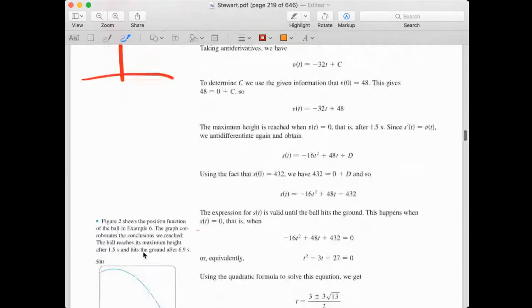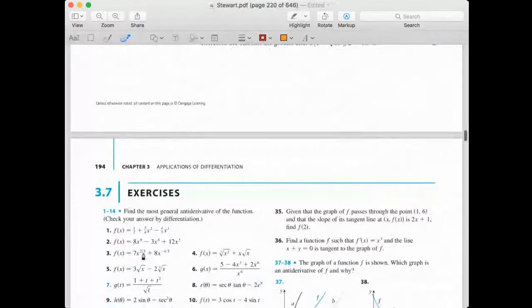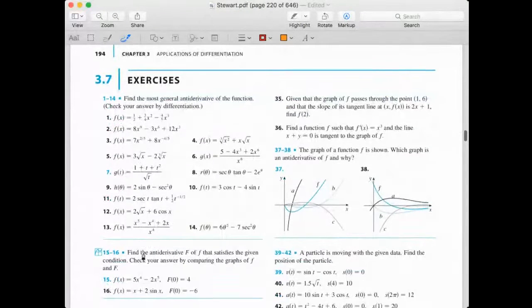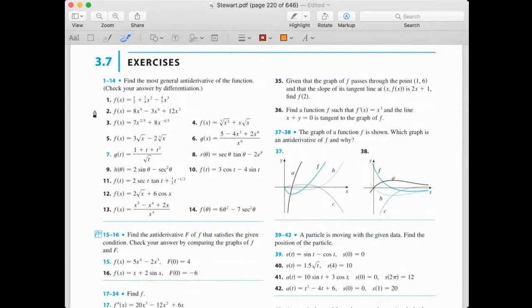All right, so let's keep going. Let's do some exercises. Find the most general antiderivative of the function. All right. So let's try.